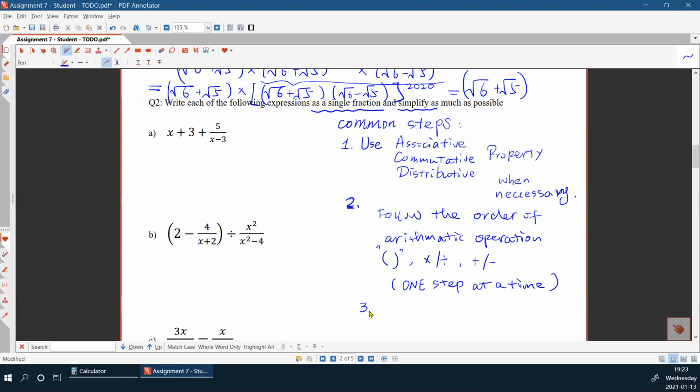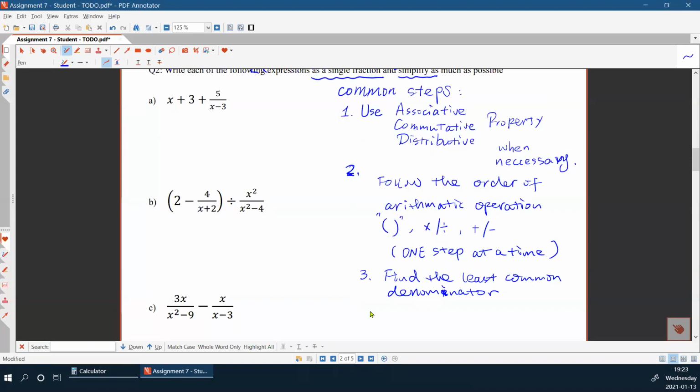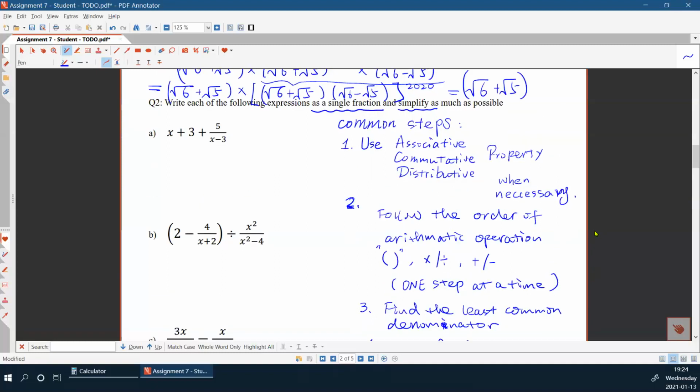Then you can find the least common denominator. Last, we can simplify if necessary. Okay, so follow these steps.